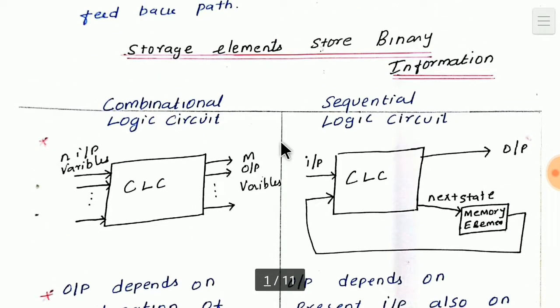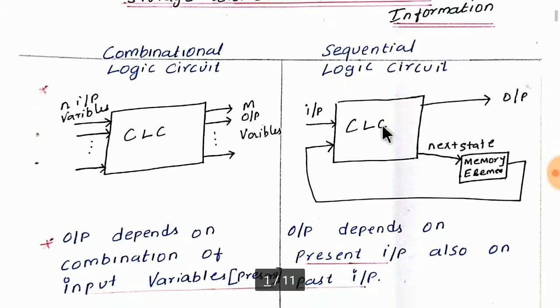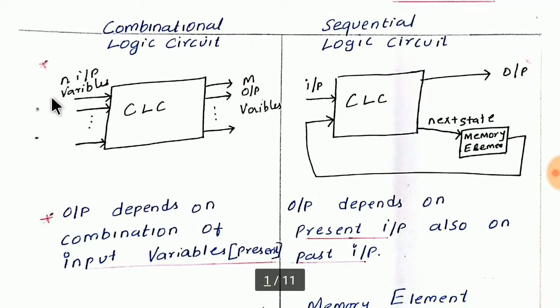Now I'm going for the difference between our combination logic circuit and sequential logic circuit. If I say combination logic circuit, I will be having n input variables and m output variables. In the same way, sequential logic circuit is the same as our combination logic circuit, but the only difference is this section.